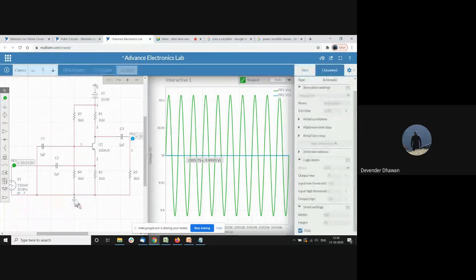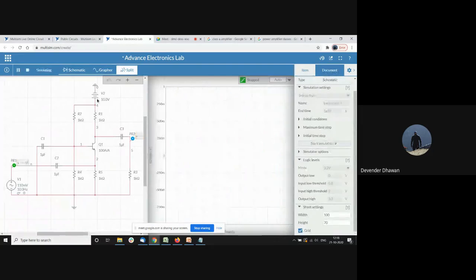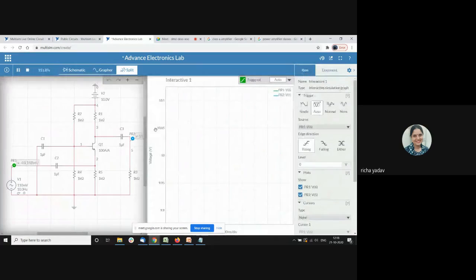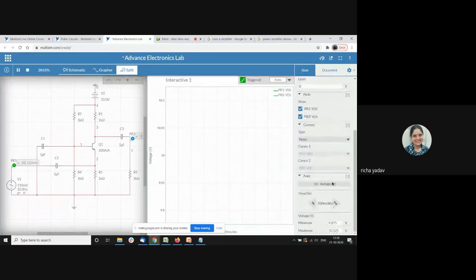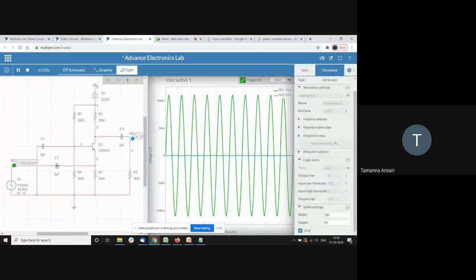Yeah, ground signal is not connected. Should be here. So capacitor should also be grounded. C1 is grounded, no? You see, this line is the ground line. So all this resistance and this capacitor are grounded.